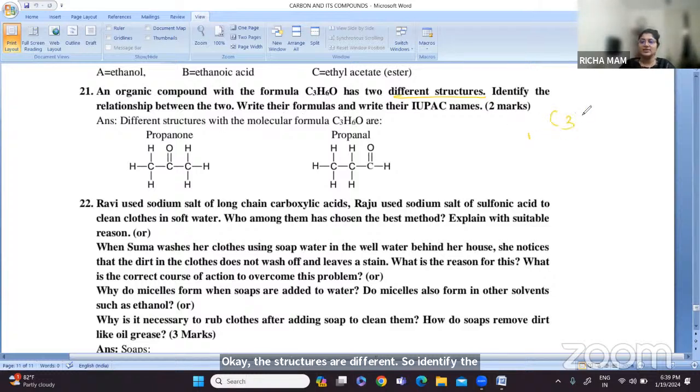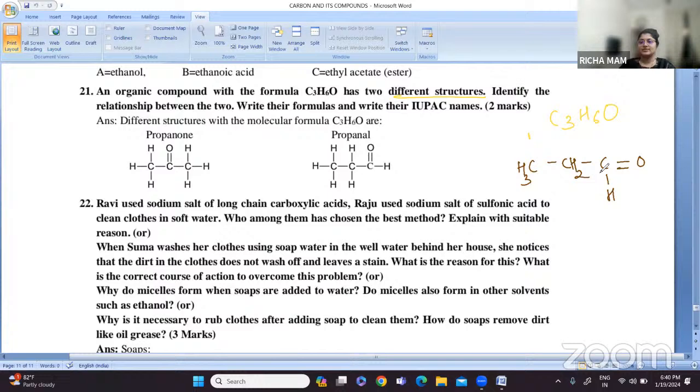So C3 means it is a three carbon compound. 1, 2, 3, with CH3, CH2, CHO.